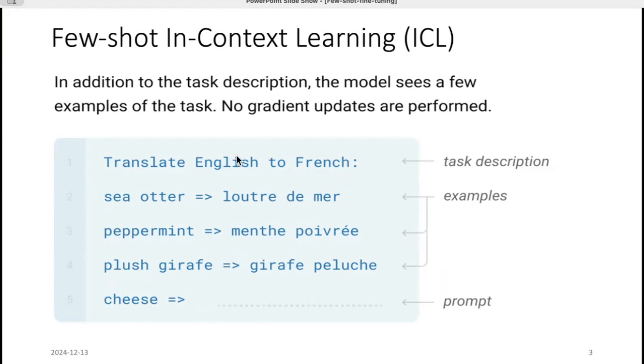So this is in-context learning, no gradient updates. The model stays the same. The only change is the prompt, and then the model may give different answers according to different prompts.